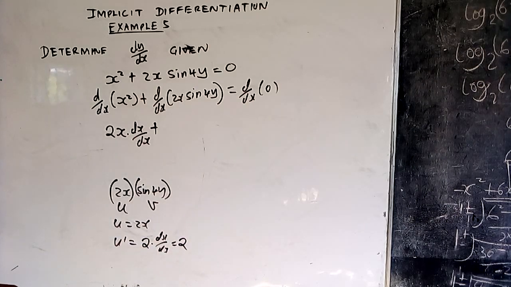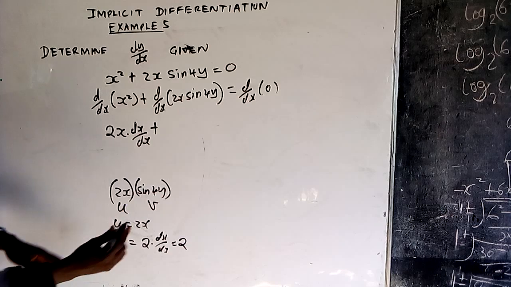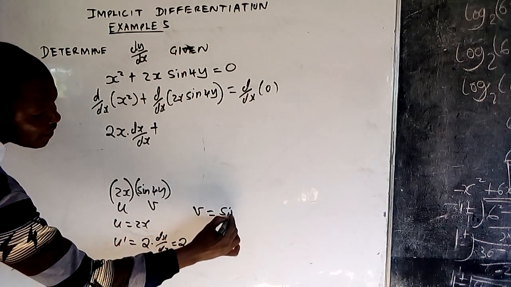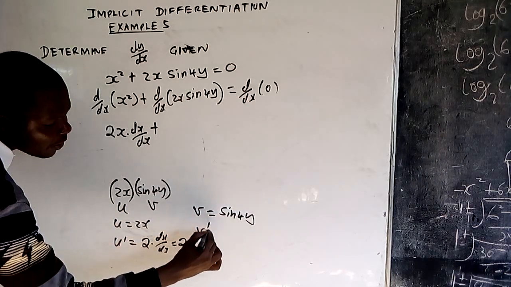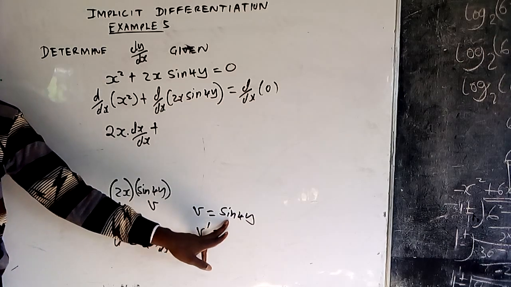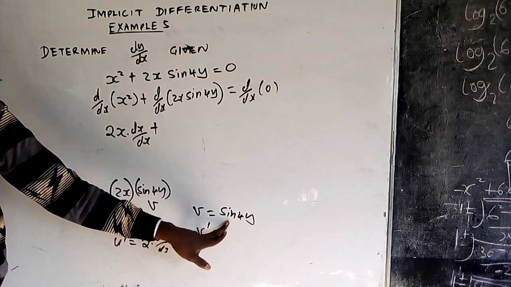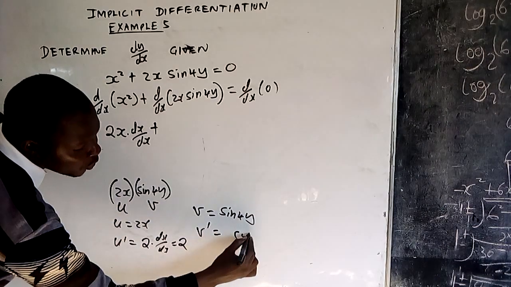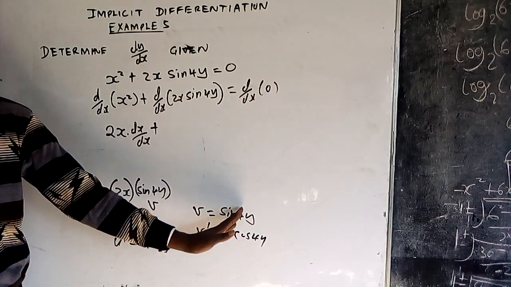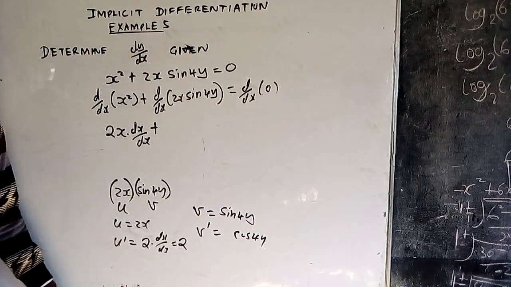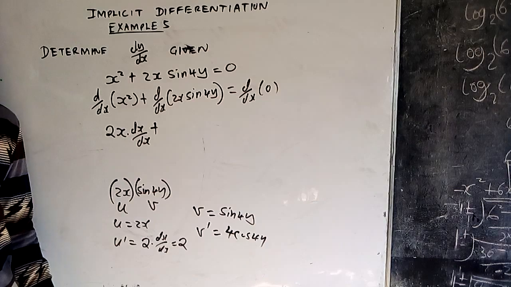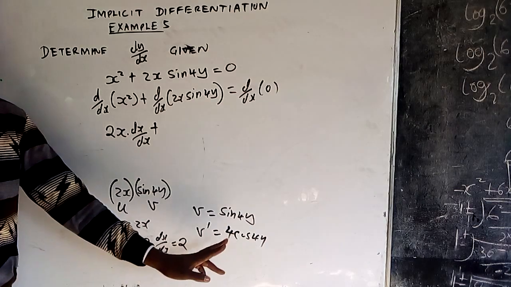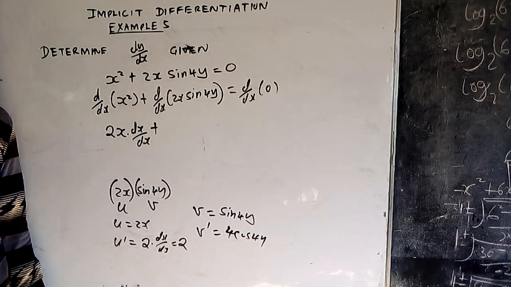Are we together? Then you go again. Your v is sine 4y. If I differentiate sine, I get cos, meaning I get cos 4y. Then I differentiate the inner function 4y, I get 4. Product of inner function and outer function gives you the derivative.